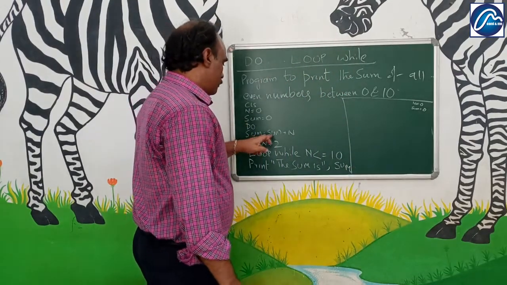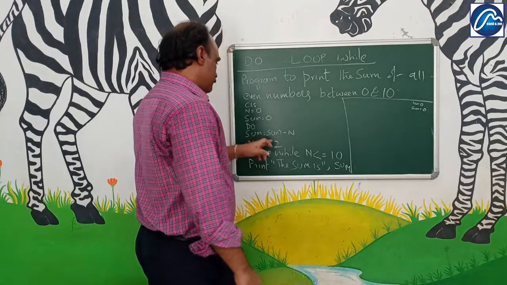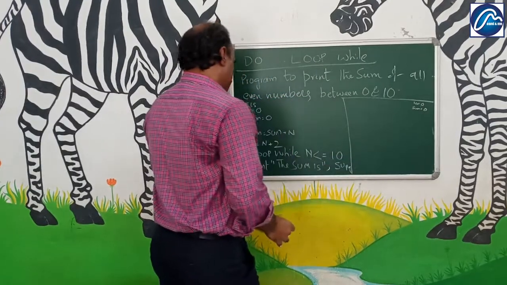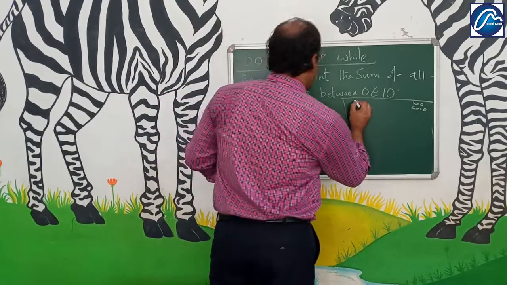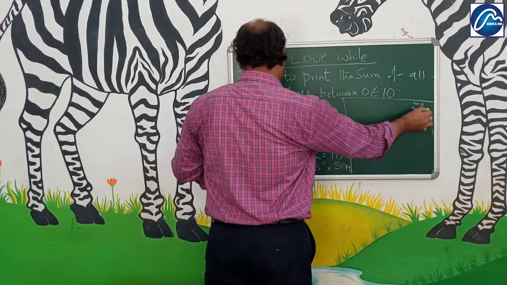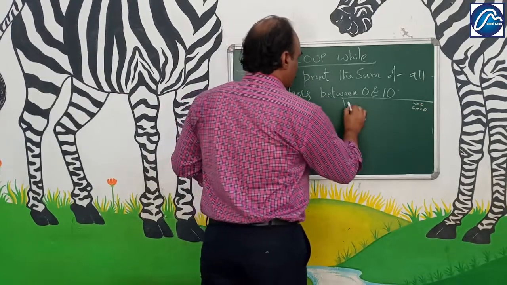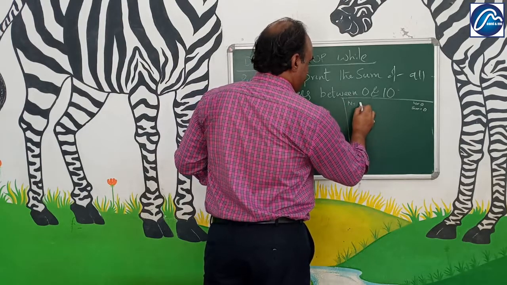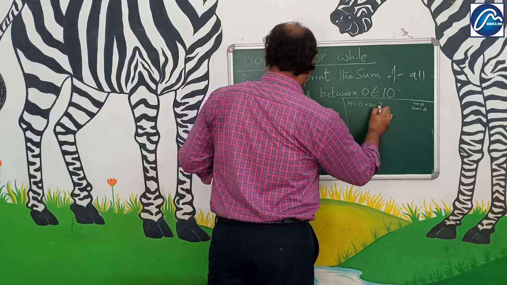Do sum is equal to sum plus n. Sum plus n, 0 plus n. Sum is equal to sum plus n, sum plus 0, 0 plus 0. n is equal to n plus 2. So n is having the value 0, 0 plus 2 will be equal to 2.